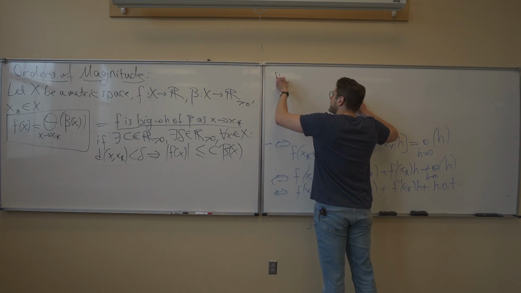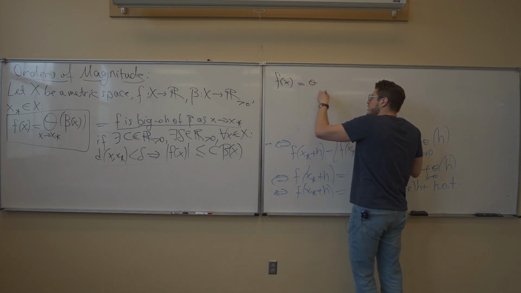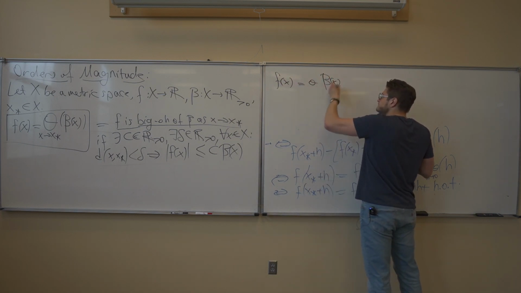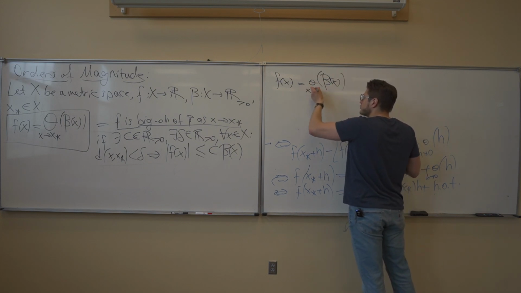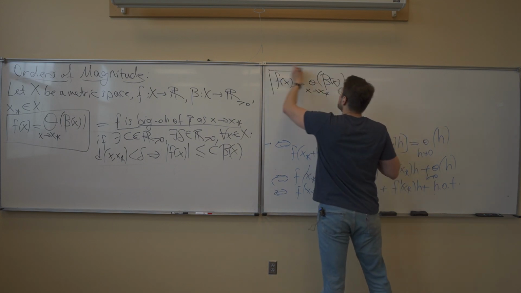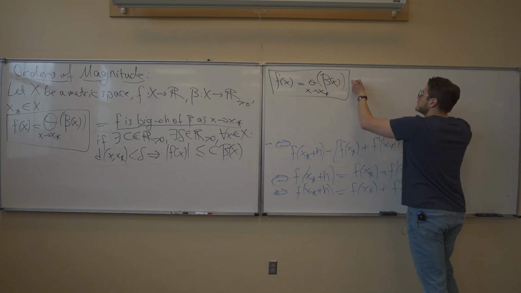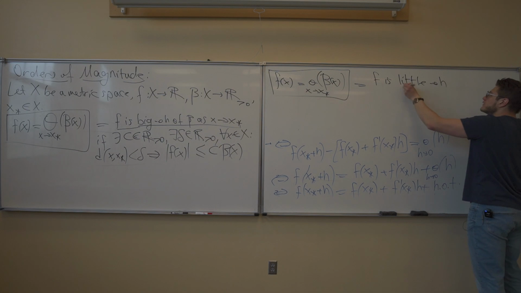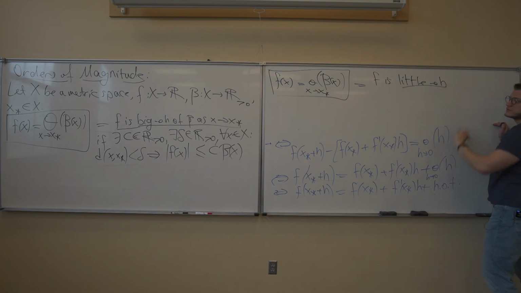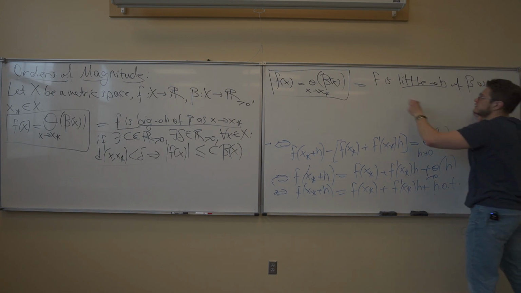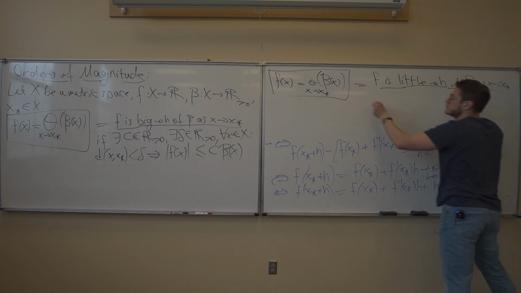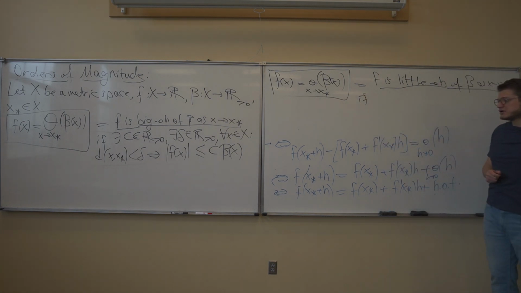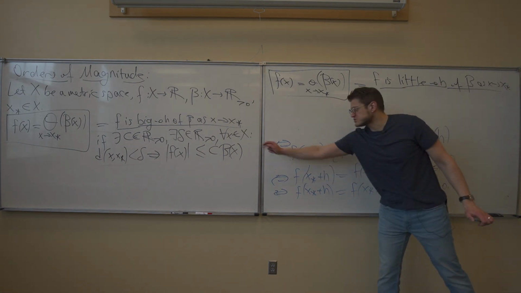So f of x equals little o of beta as x goes to x star if, well, it's slightly stronger than just the bound.